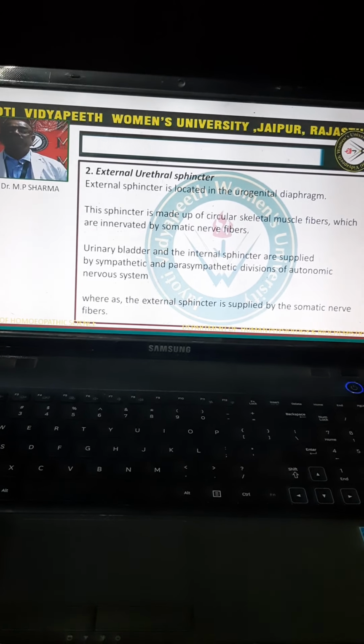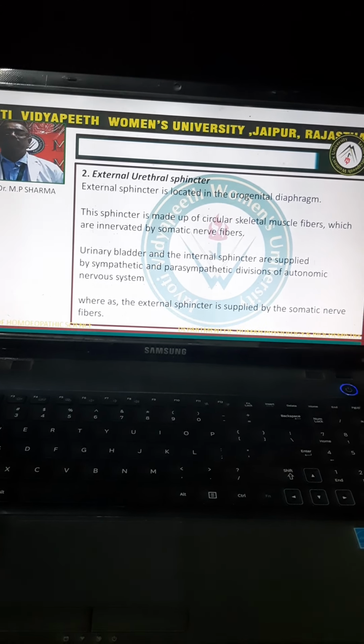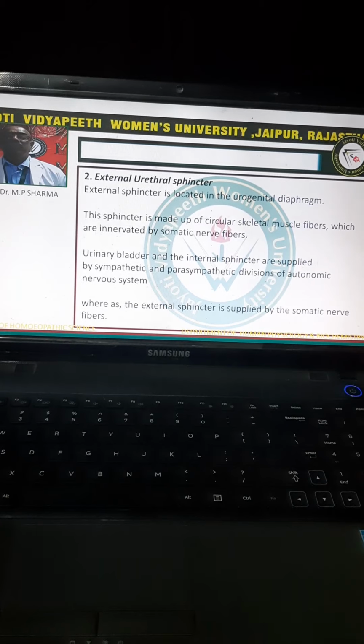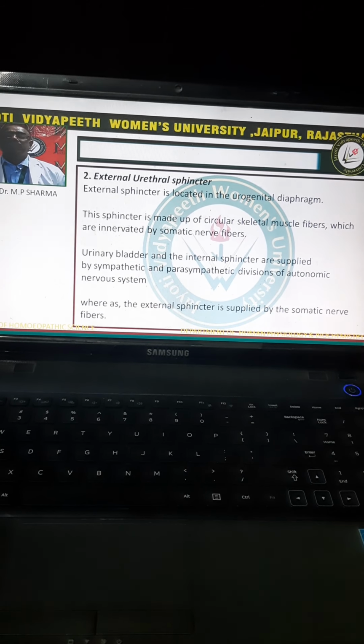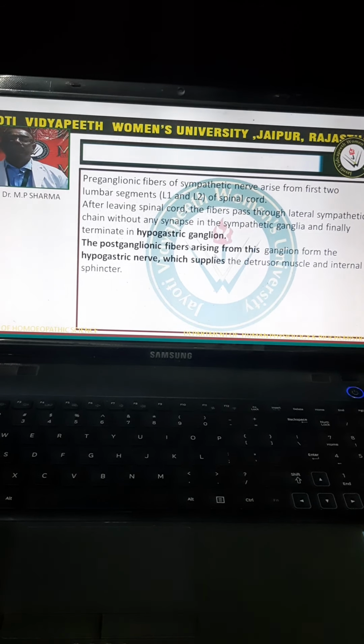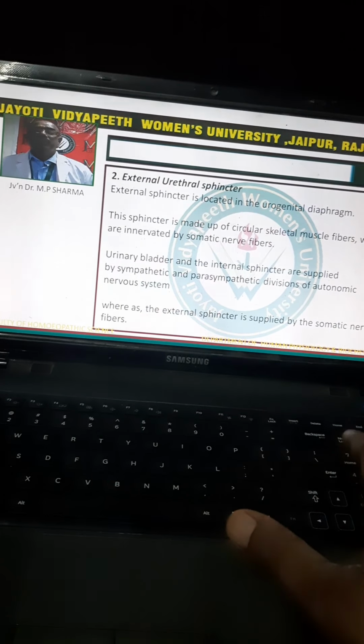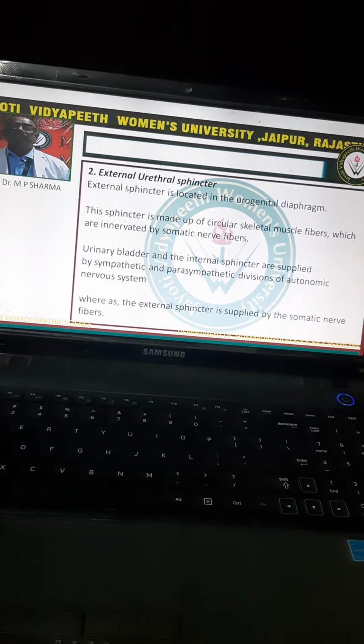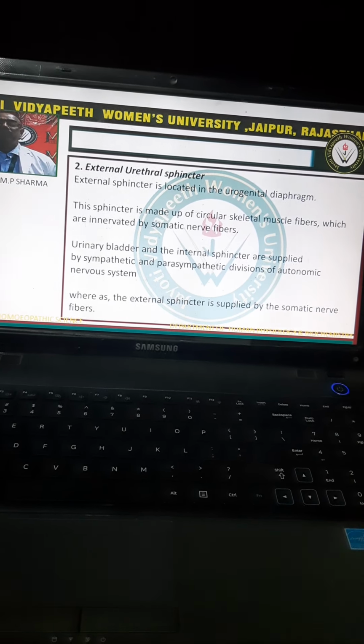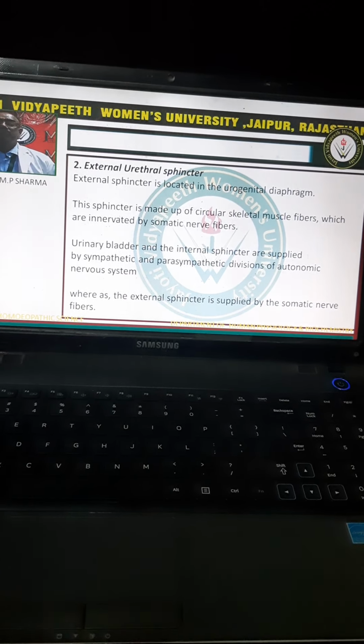The urinary bladder and the internal sphincter are supplied by the sympathetic and parasympathetic divisions of the autonomic nervous system, whereas the external sphincter is supplied by somatic nerve fibers.